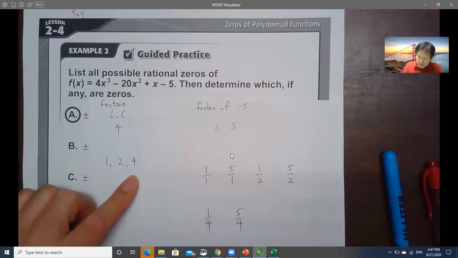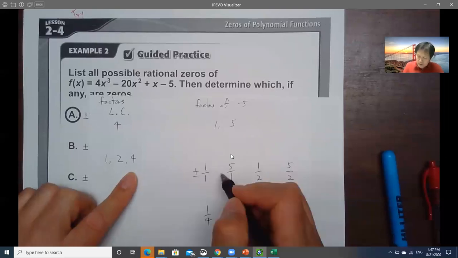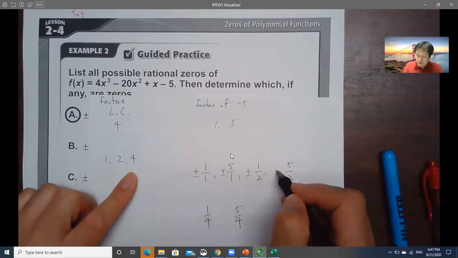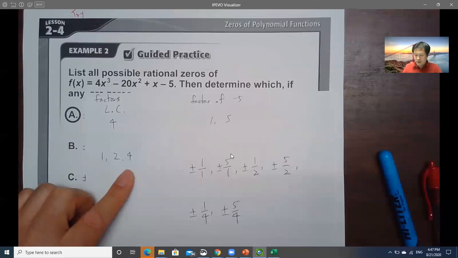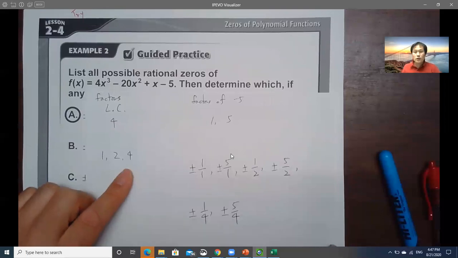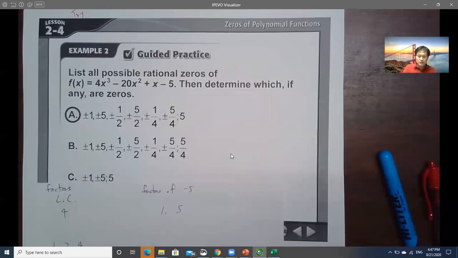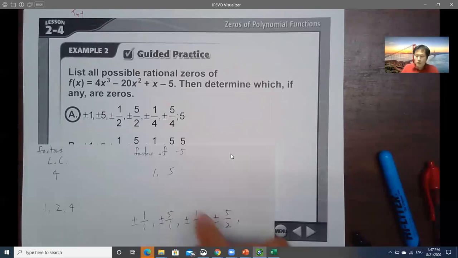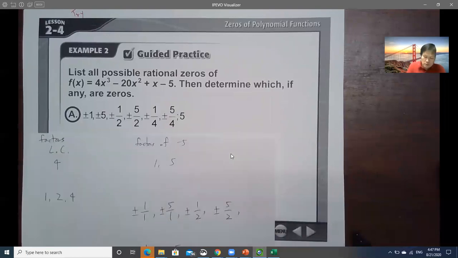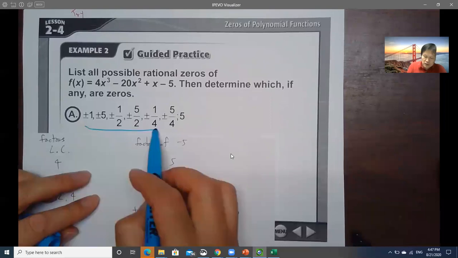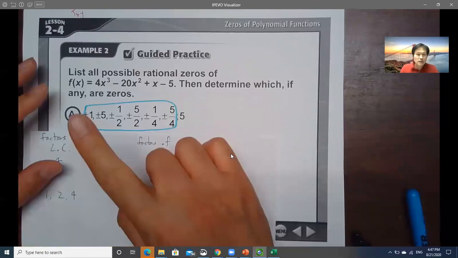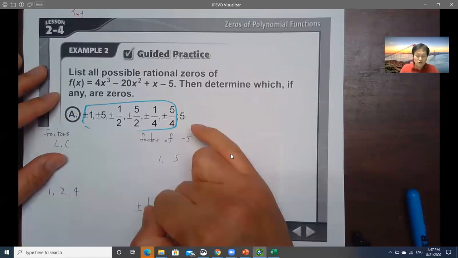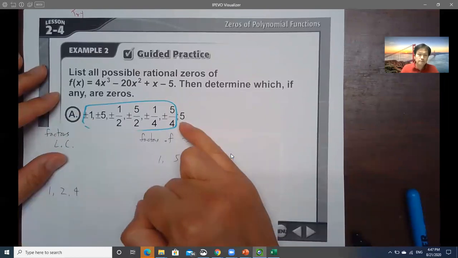And all plus minus. So we got 1, 2, 3, 4, 5, 6. 6 times 2, we got 12 answers for all possible zeros. So if I were you, I'd probably graph it and find the actual zero, which will be 5. Okay?